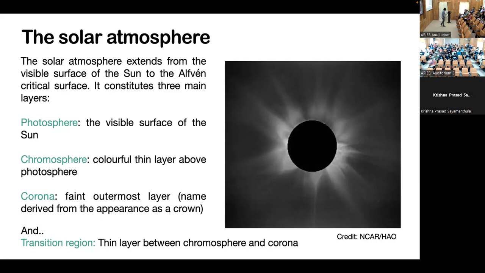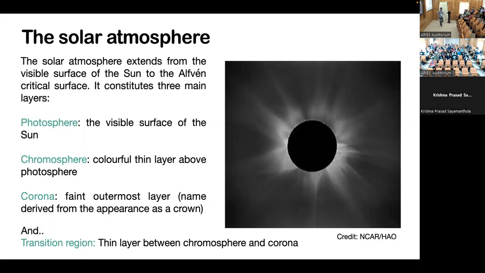So the solar atmosphere, by definition, has four different layers: photosphere, chromosphere, corona, and in between the corona and chromosphere, the transition region. But like I mentioned, these are not rigid layers. You cannot define a fixed radial distance and say this is my chromosphere, or this is my transition region, because of the local structures you see on the Sun.